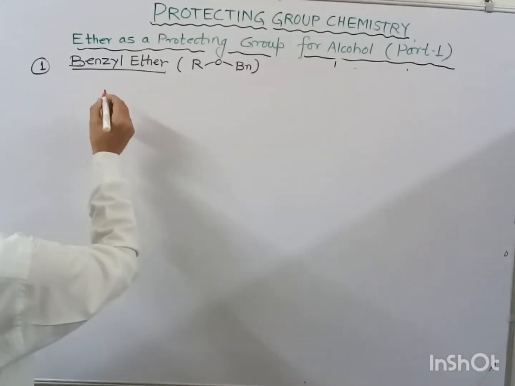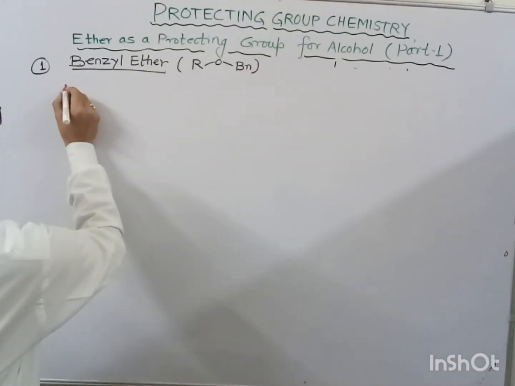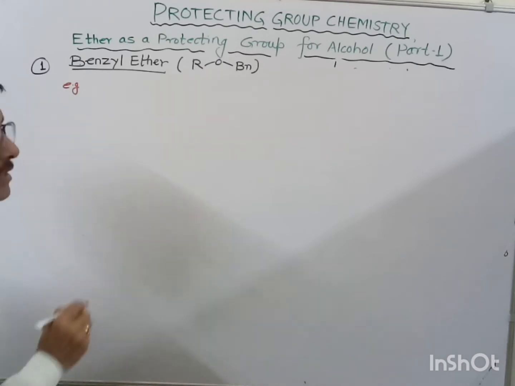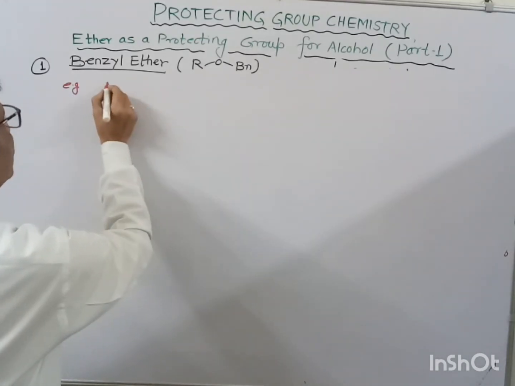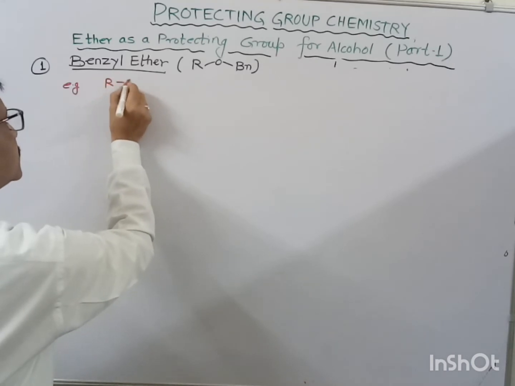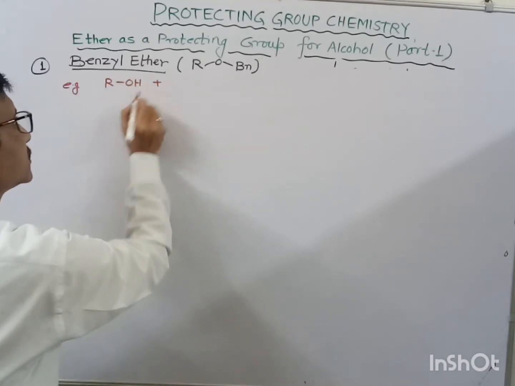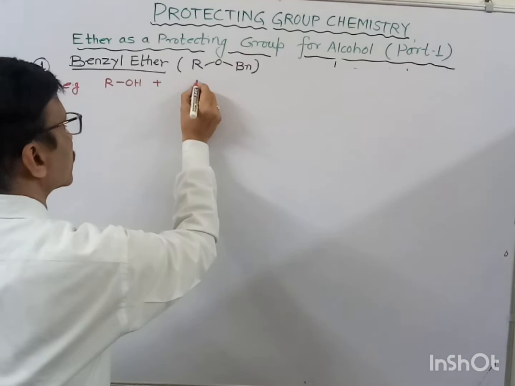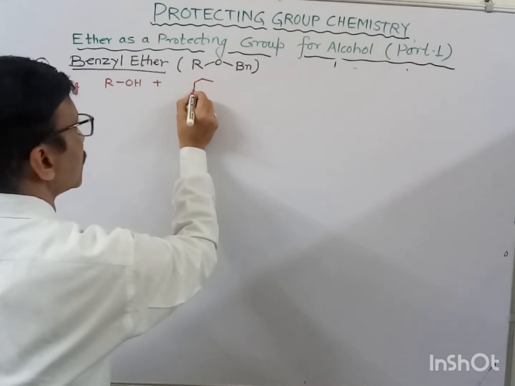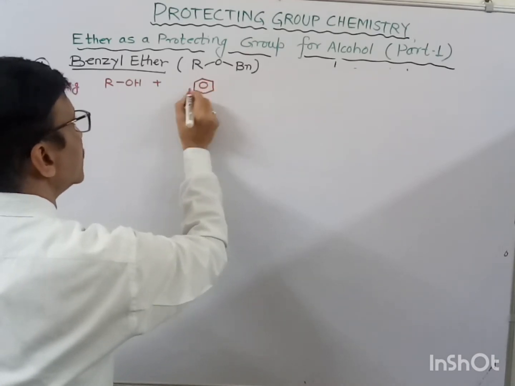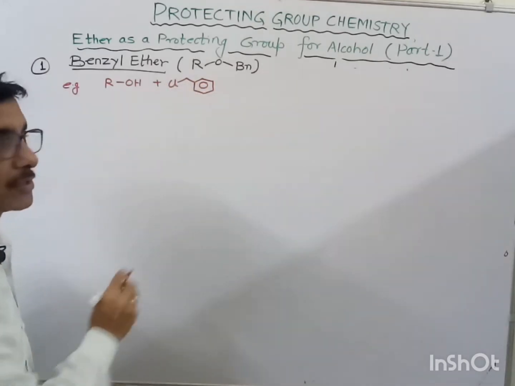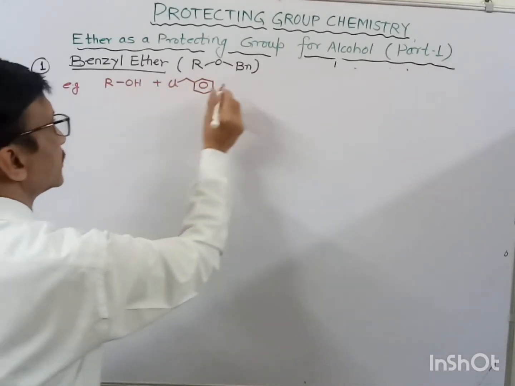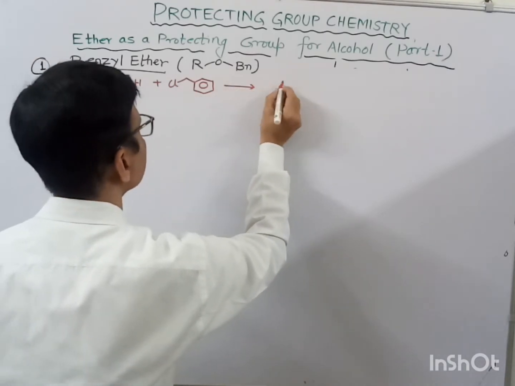Let's see an example. In a general way, suppose this is ROH. In the presence of benzyl chloride, it will form an ether.